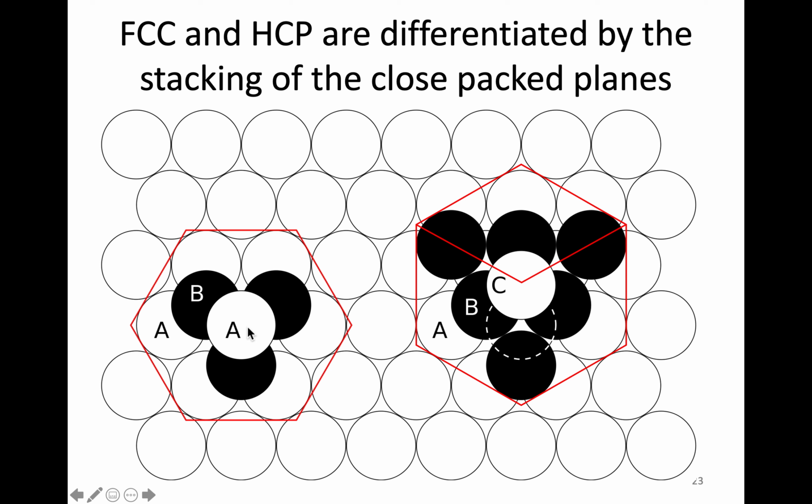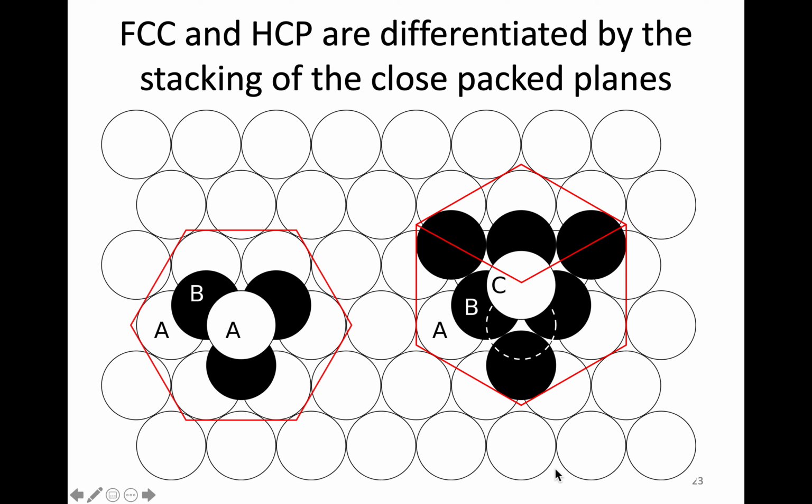And then if we shift it again and it goes back to the original configuration, where the atom is right above the position below, that is what we see in HCP. So you see the hexagonal structure. We're just cutting off some of these atoms so you can see the stacking of it. That's how the basal planes in HCP are stacked: A, B, A, B, A, B.